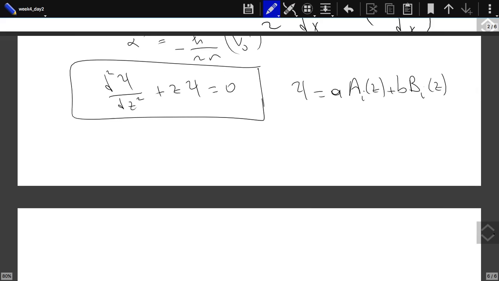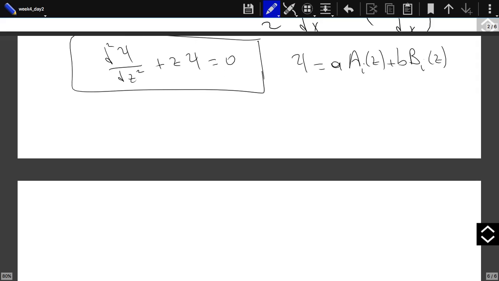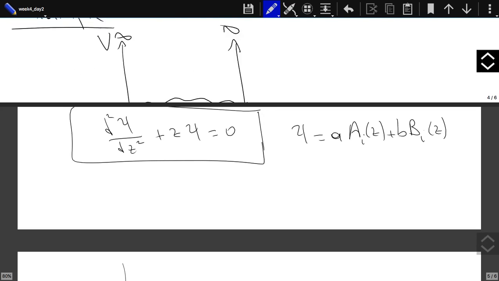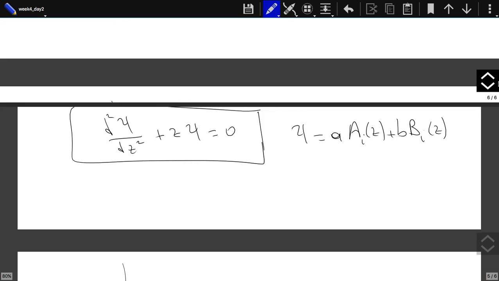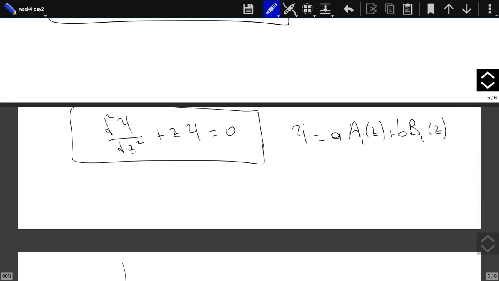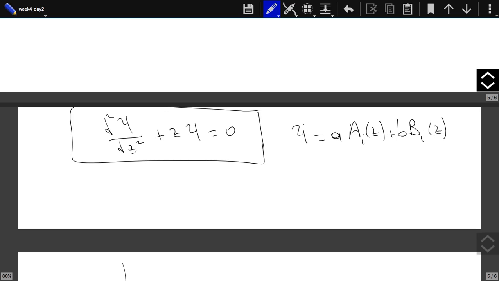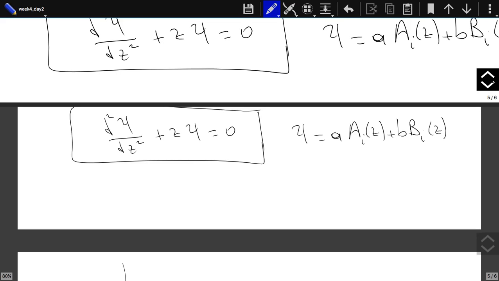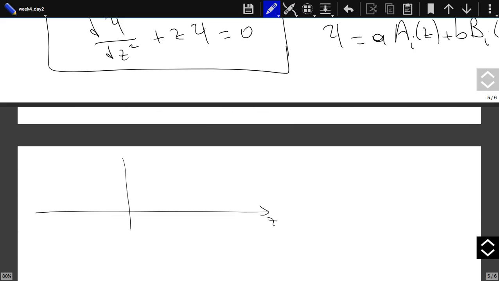What would they look like as a function of z? We know their equation. This is the equation they satisfy. So by just looking at that equation, can you guess what their shape would be more or less?